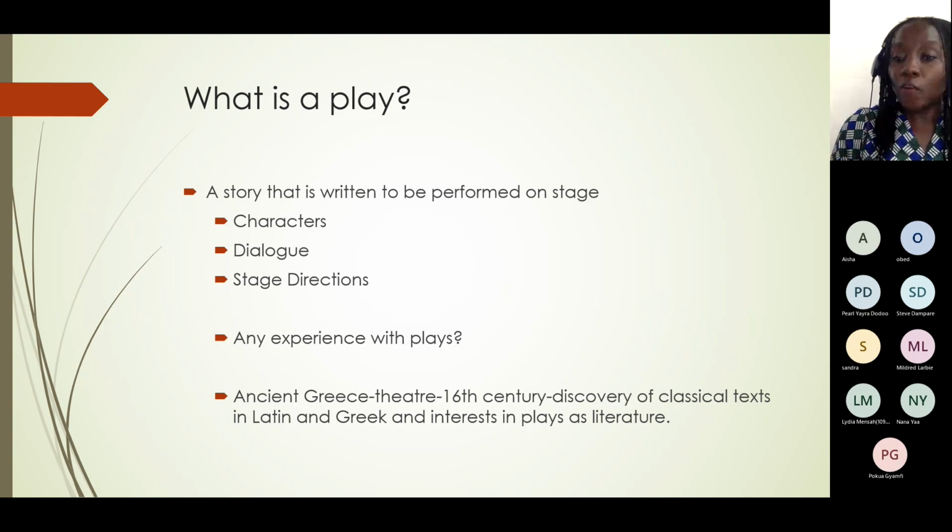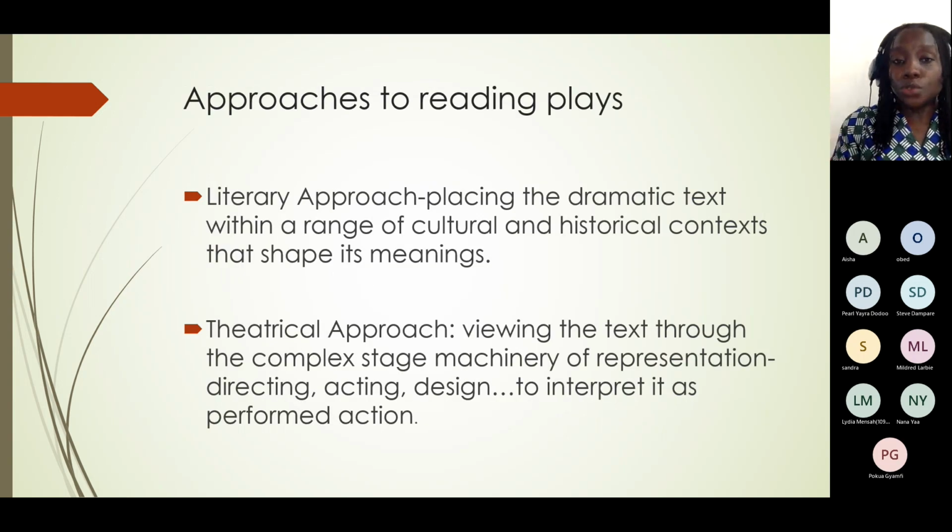It became possible for people to print many copies of play texts. And then people started having access to plays so that you can enjoy them as texts rather than waiting for there to be a performance before you watch a play or experience a play.